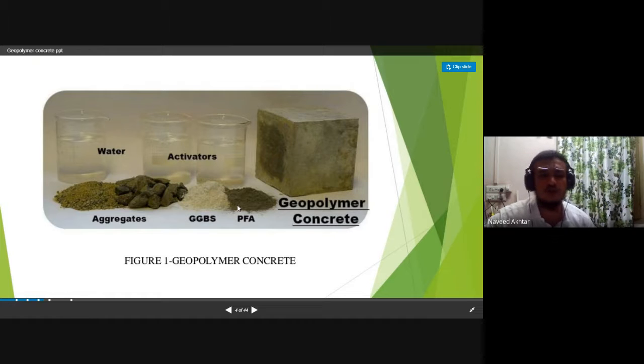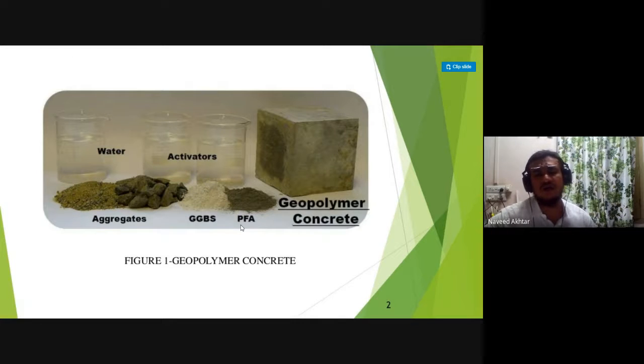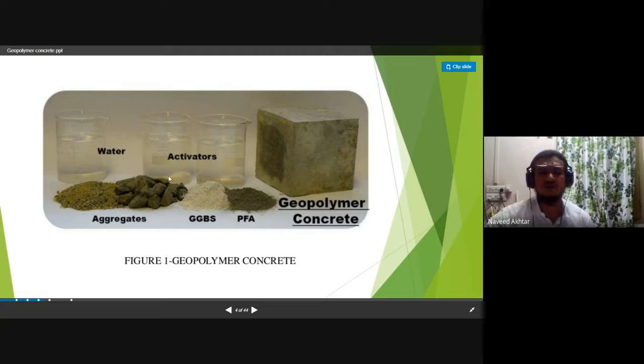Here there is no use of cement. Either you can use cement, or you can totally avoid it. That's why this is somehow called green concrete. But because there is a heating process involved, they are not calling it green concrete.